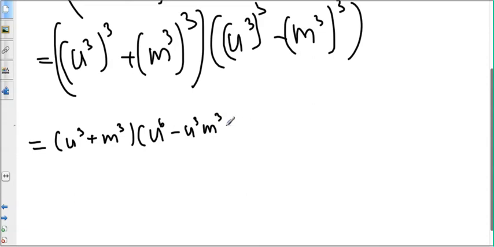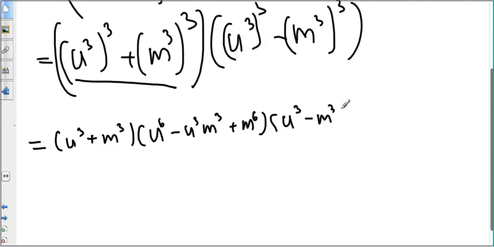Now the last one becomes plus m to the 6th power. That's the factoring of this one. How about this portion? Here we get u to the 3rd minus m to the 3rd, and then the rest becomes u to the 6th plus u to the 3rd m to the 3rd, plus m to the 6th power.